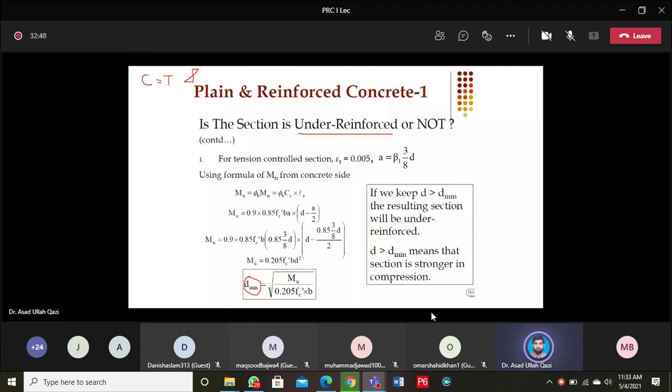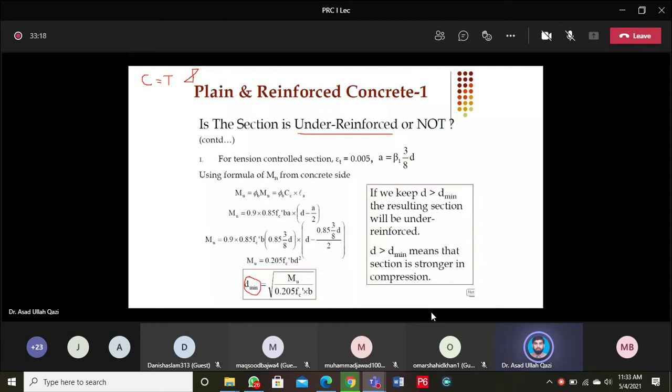Second most important is this d minimum requirement, that we want to make sure that the finally selected section dimensions will result in a behavior of the cross section as under reinforced rather than over reinforced.